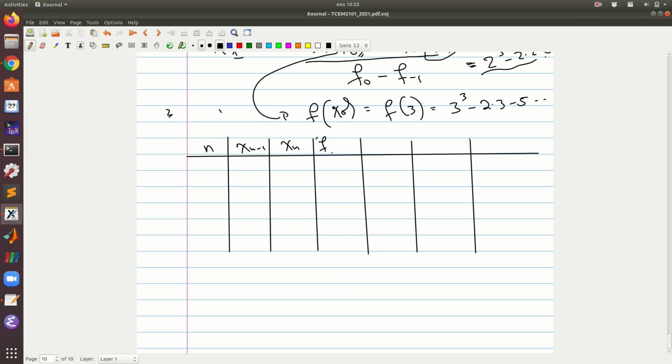What else do we need? We need fn minus 1, and then we need fn.